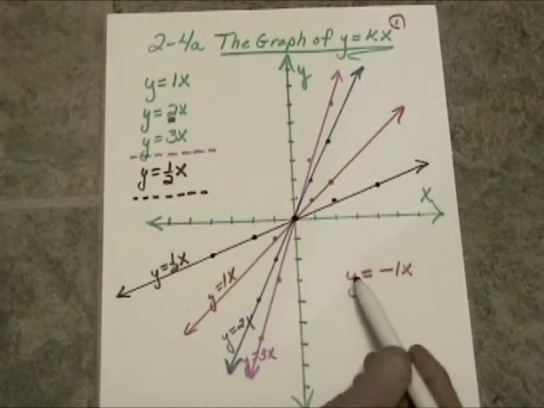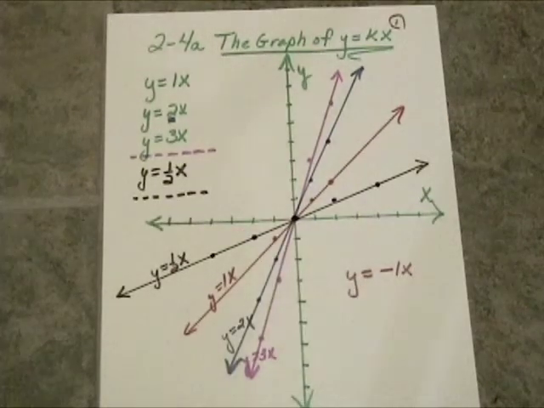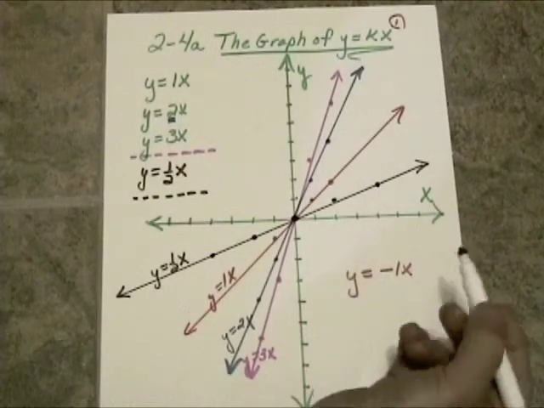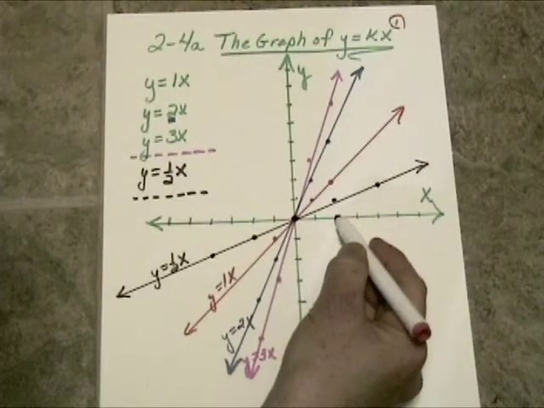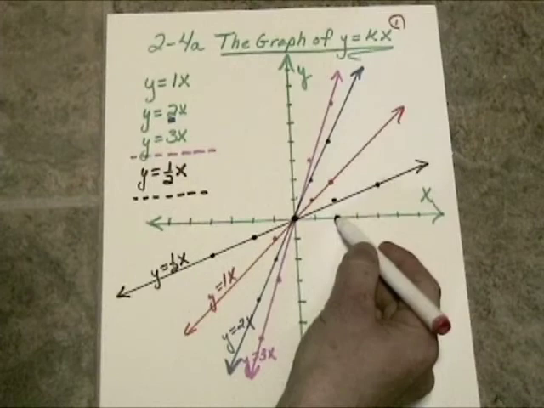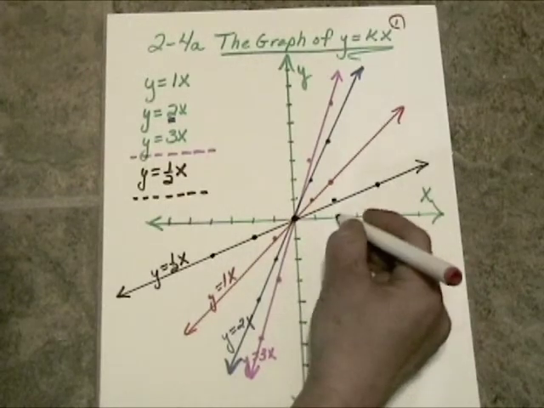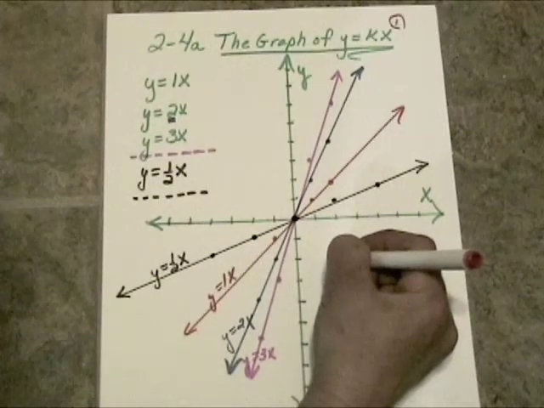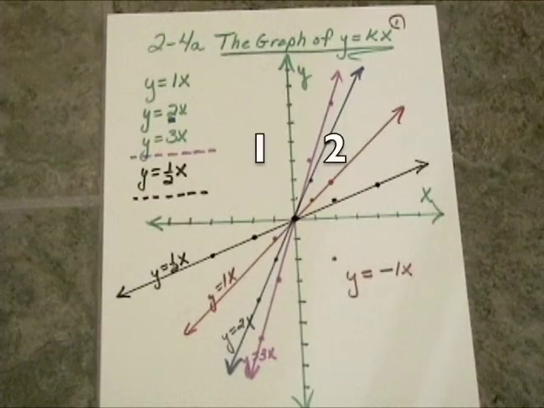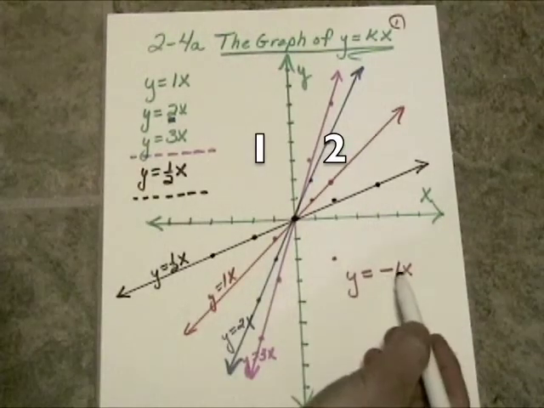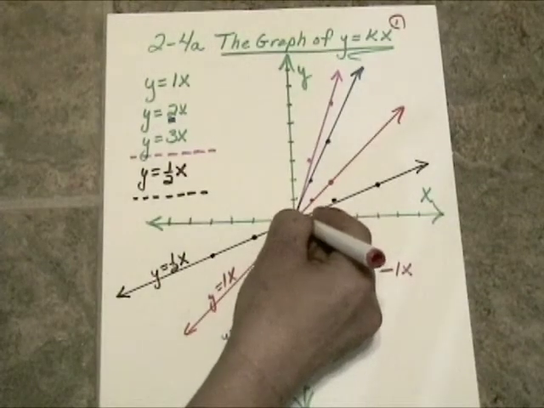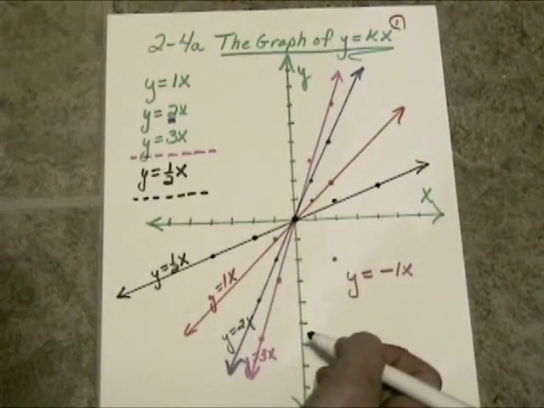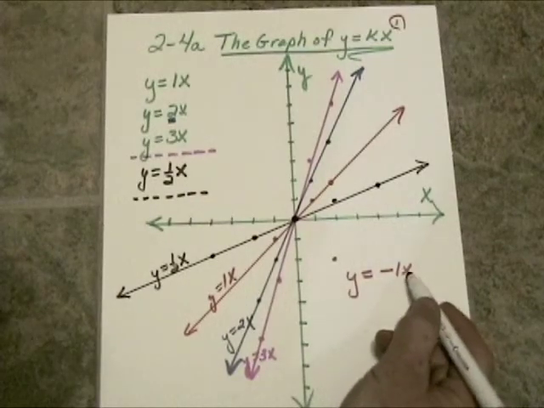Now we're going to graph y equals negative 1x. Let's say x is 2. 2 times negative 1 is negative 2, so that's going to put us down here into the fourth quadrant. Let's try 0. 0 times negative 1 is 0, so this one will also pass through the origin. Let's put a negative 1 in.